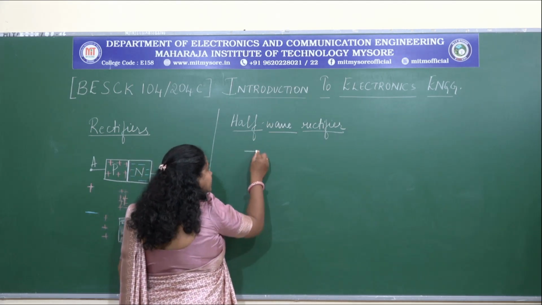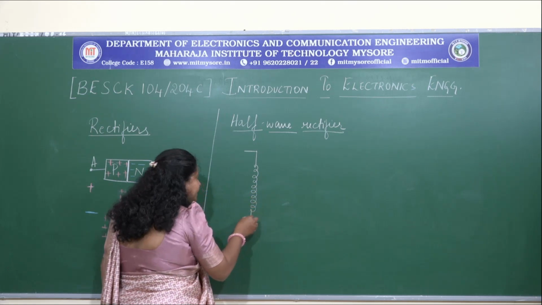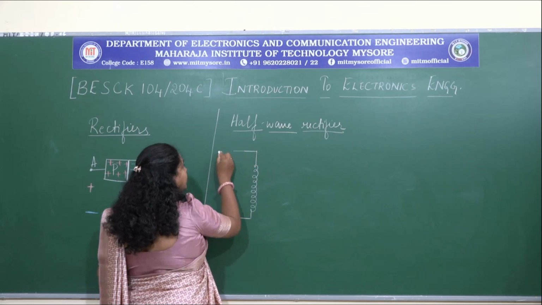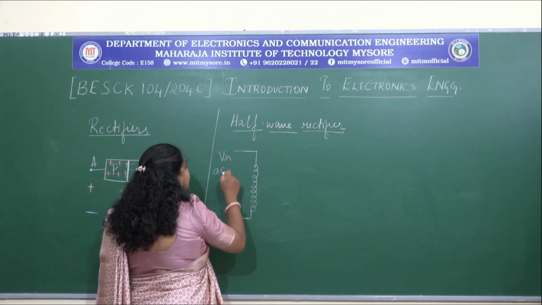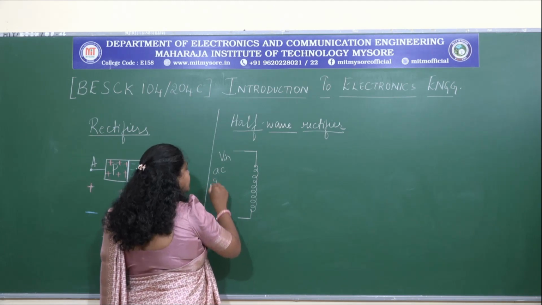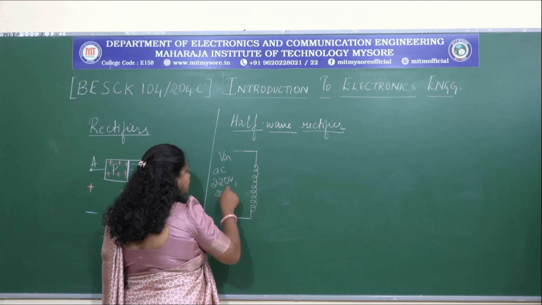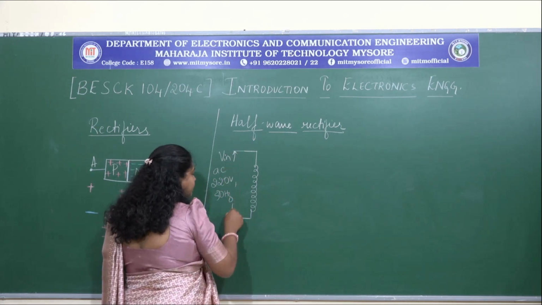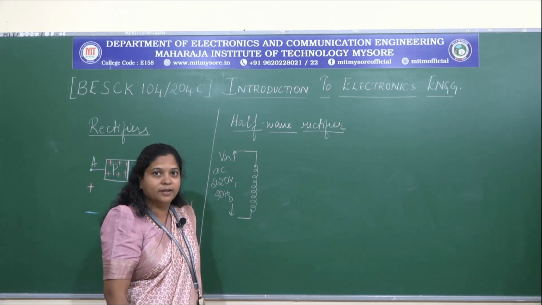So we are going to give a 220 volt AC supply. We use an input, let us call it V in, that is nothing but an AC power supply of 220 volts. Usually the frequency we use is 50 hertz, applied across the terminals of the primary winding of a transformer.